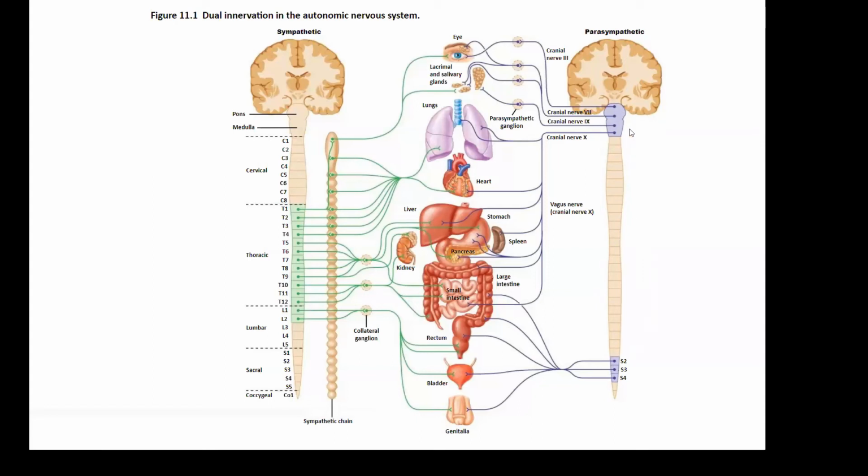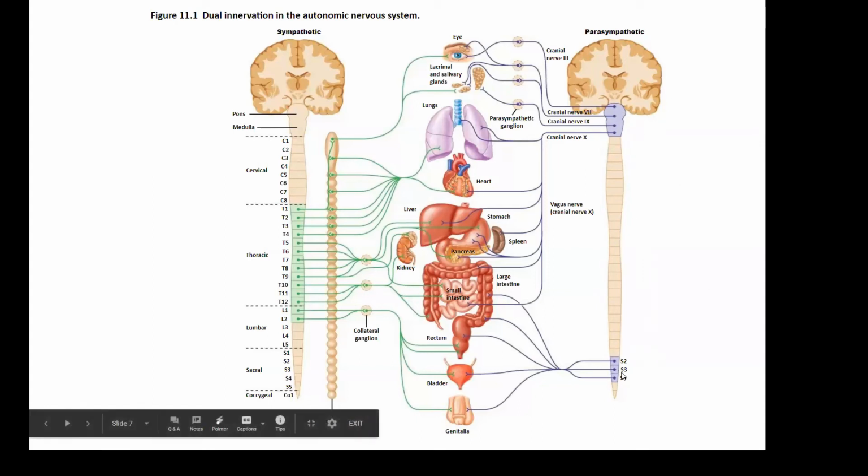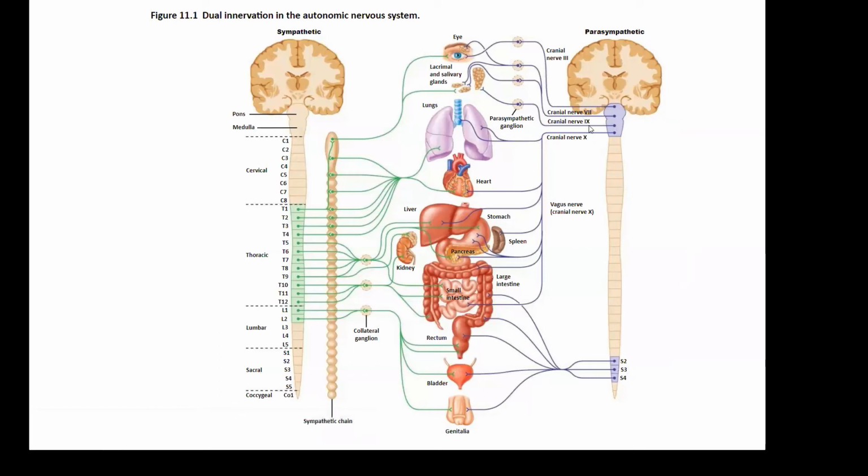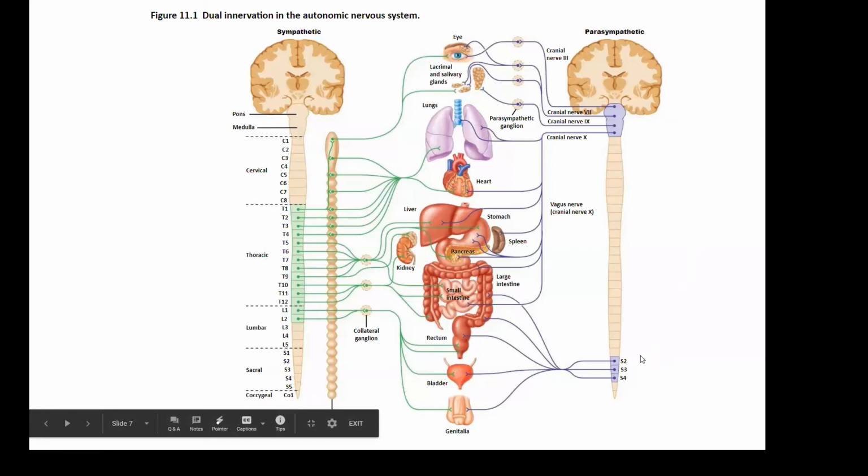You just got a little bit at the top and a little bit at the bottom. So our parasympathetics we'll refer to as craniosacral, because the nerves that lead to parasympathetics in the body are either cranial nerves, as we've looked at in anatomy lab, or they're coming out of the sacrum, at the very bottom of the spinal cord.